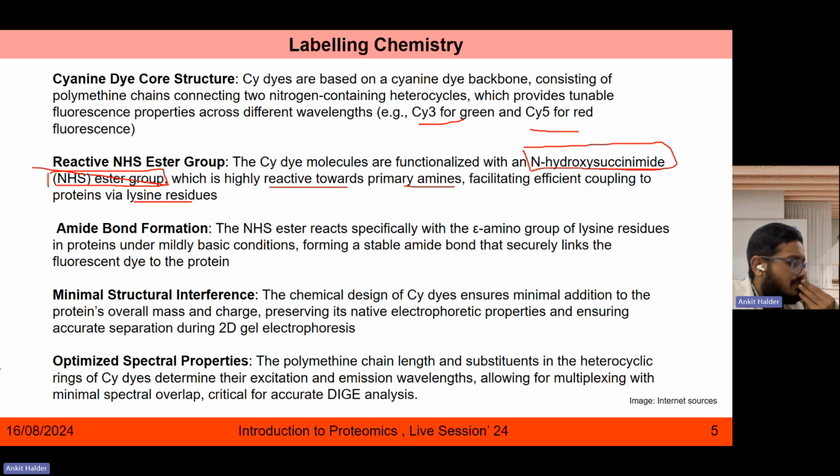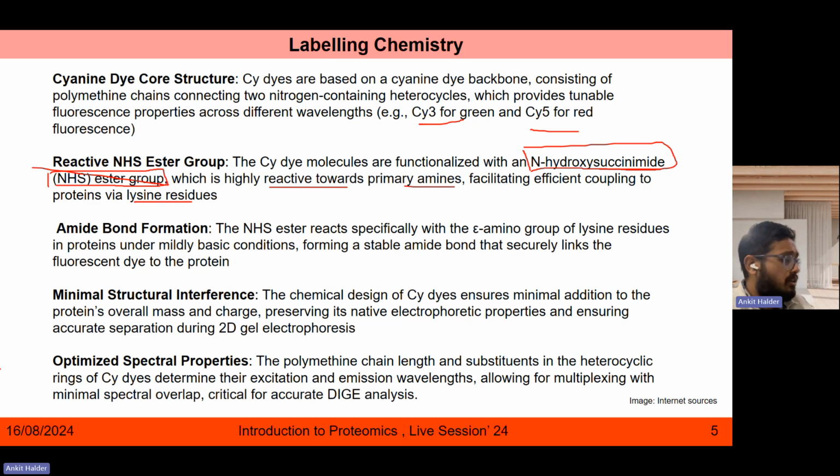Then, after NHS ester amide formation, there is minimal structural interference. The chemical design of Cy dyes ensures minimal addition to the protein's overall mass and charge, and it preserves its native electrophoretic properties, ensuring accurate separation during 2D gel electrophoresis.